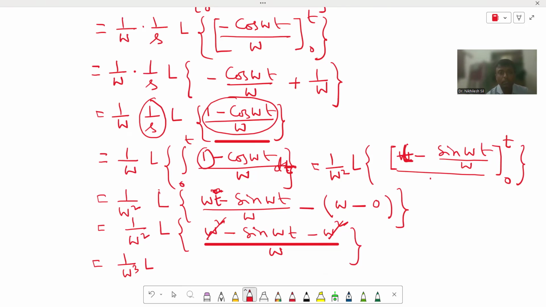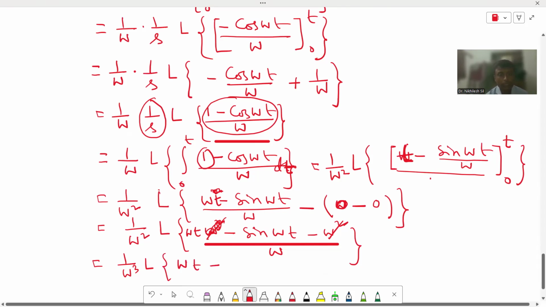And when we are putting lower range, that is 0, t becomes 0 and sine 0 becomes 0. So this becomes 0 and this becomes 0. Okay. So here we are getting omega t minus sine omega t divided by omega. Okay, clear? So after simplification, we are getting 1 by omega cube Laplace of omega t minus sine omega t.